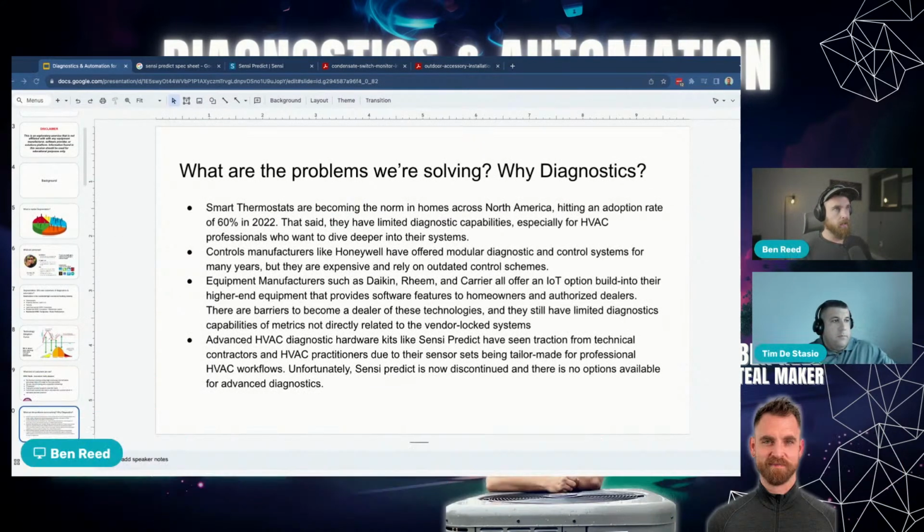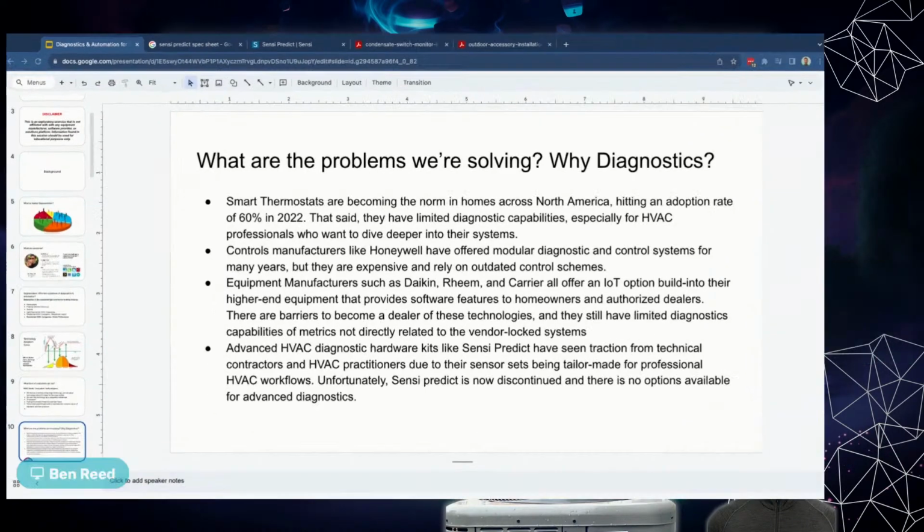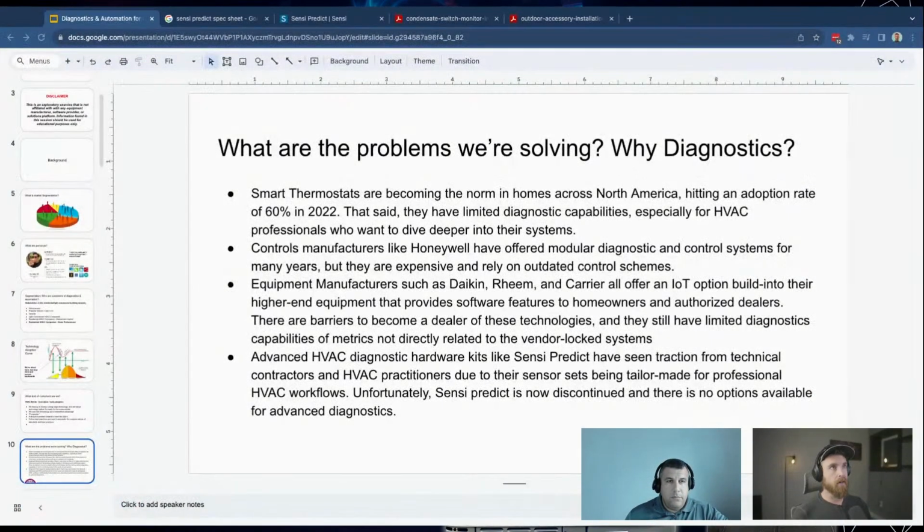So this is a lot of text heavy stuff here. I'll maybe just change the layout again so this gets a little bit bigger. Trying to really explore the why do this? Why is this something that needs to be solved?